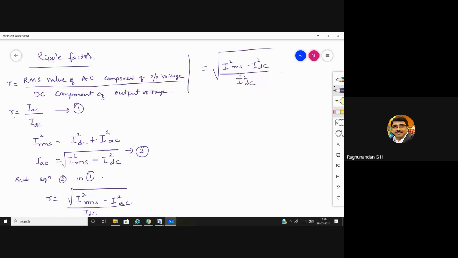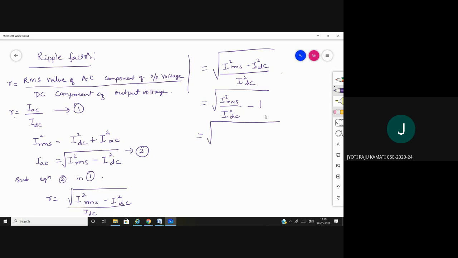Now, when you take I square DC individually, it becomes I square RMS by I square DC minus 1. And what is the formula we have obtained already for IRMS and IDC?